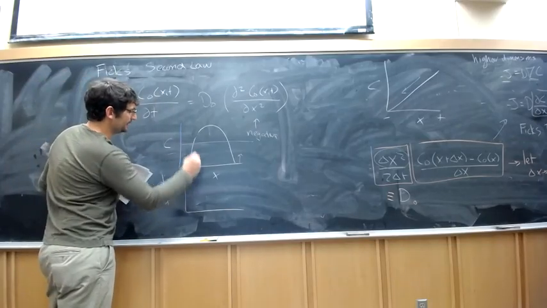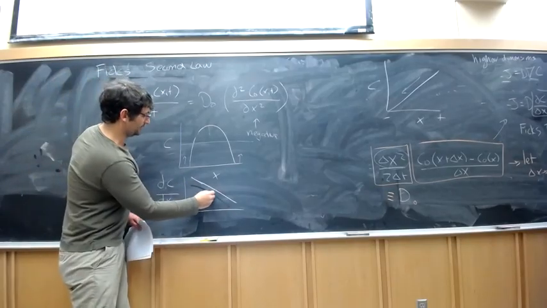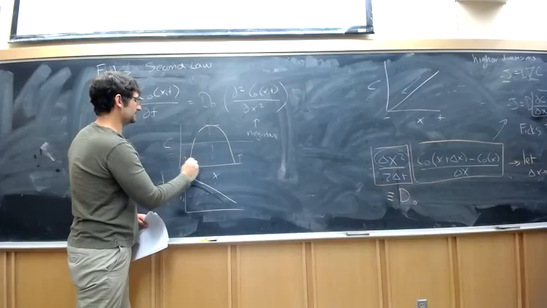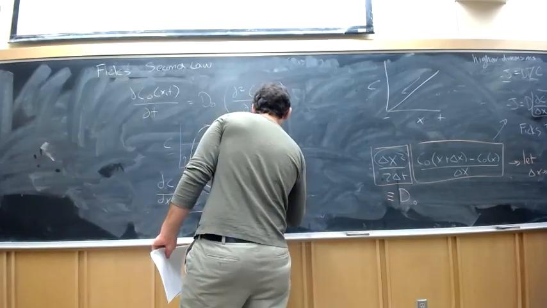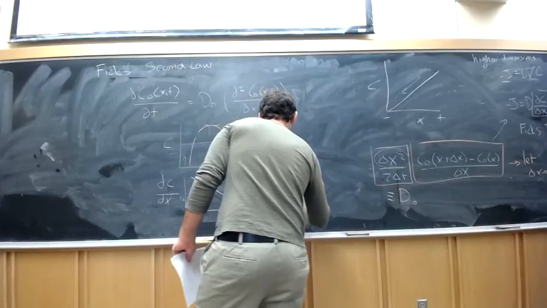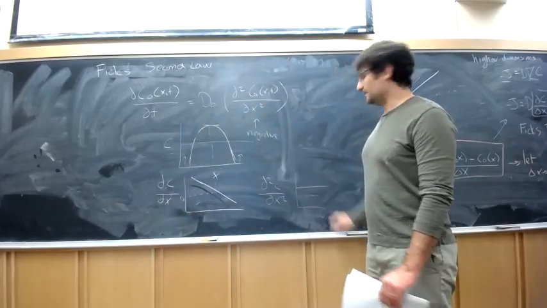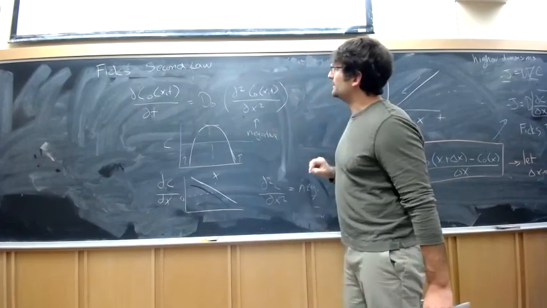It starts high, it's decreasing, right? Here it's 0, here it's large, here it's large and negative. And then what's the slope of that, the d squared c/dx squared? Negative, right? It's just a negative number.